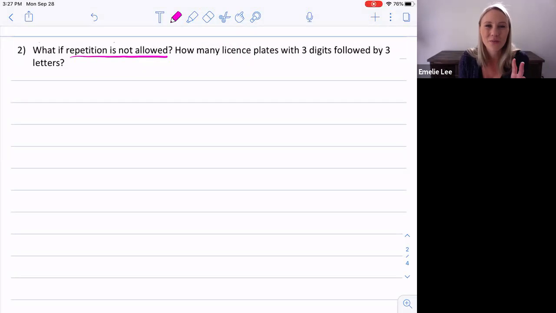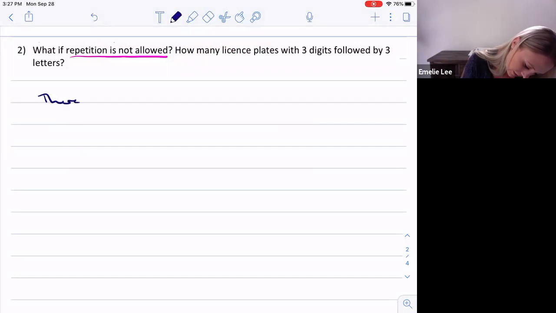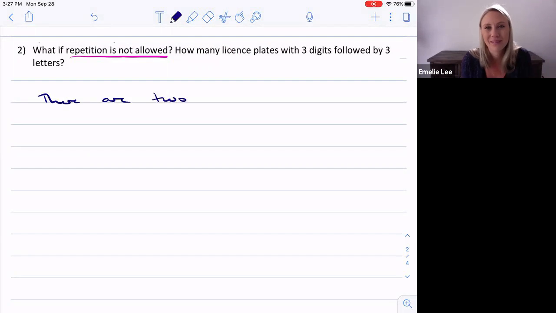There are 2 ways that we could solve this. So we want to find how many license plates with 3 digits followed by 3 letters there are, right? And they're obviously going to get you to the same result. So whichever one your brain goes to first, that's the solution that you should be kind of practicing and doing. I don't care which one you use.